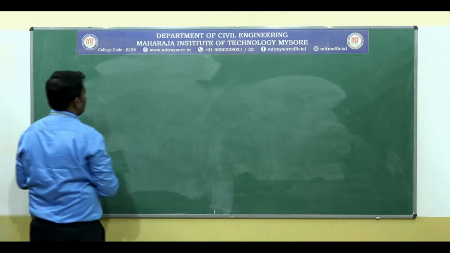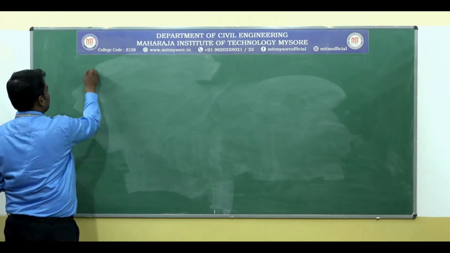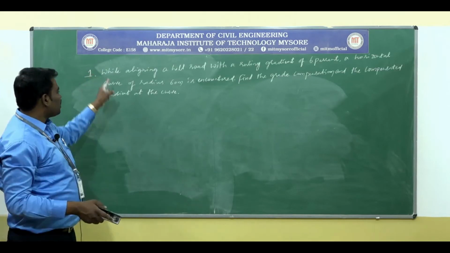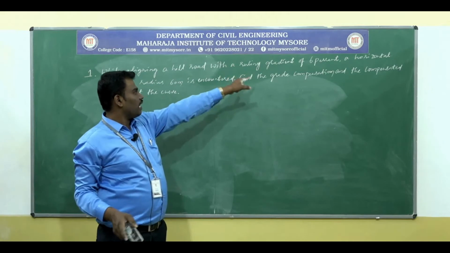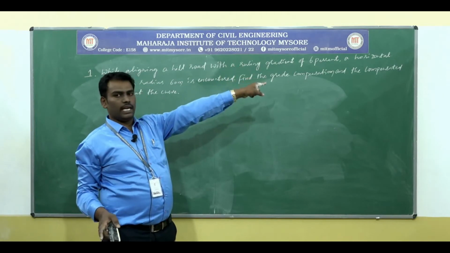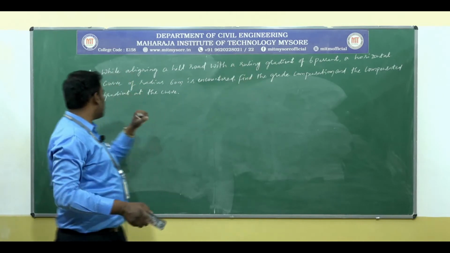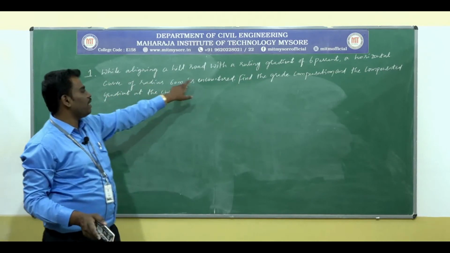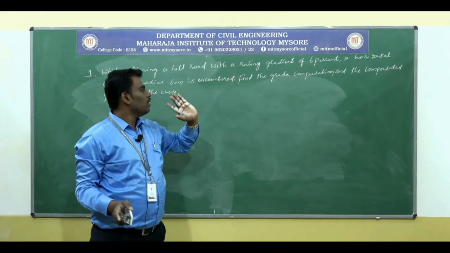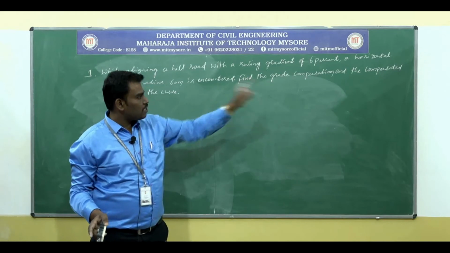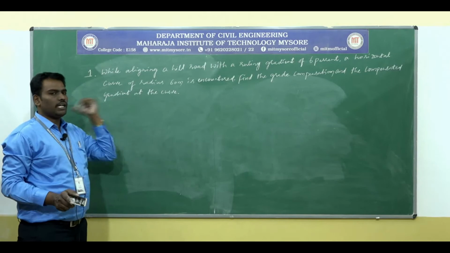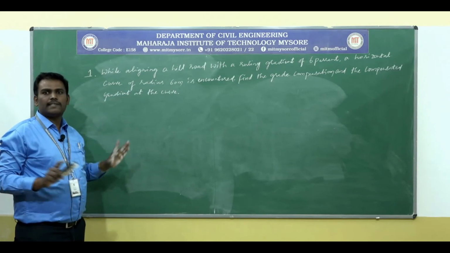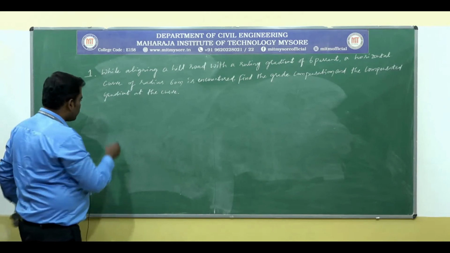The first problem: while aligning a hill road with a ruling gradient of 6%, a horizontal curve of radius 60 meter is encountered. Find the grade compensation and the compensated gradient at the curve. It's a very simple problem. First write down the given data.